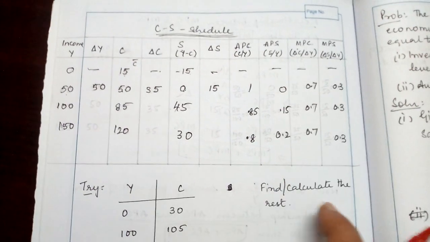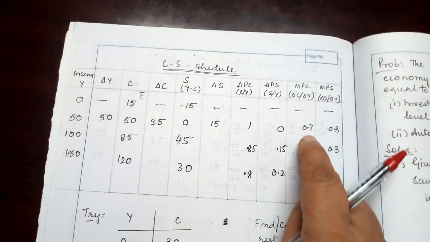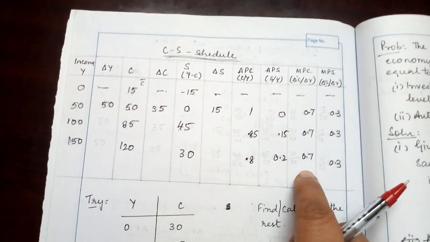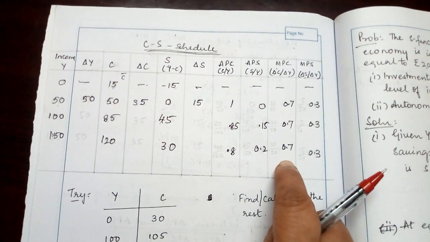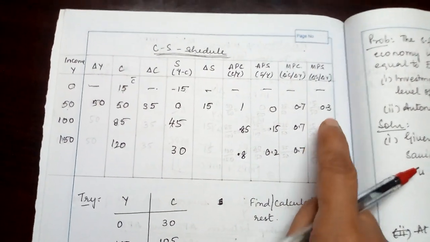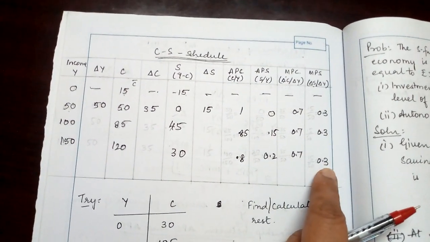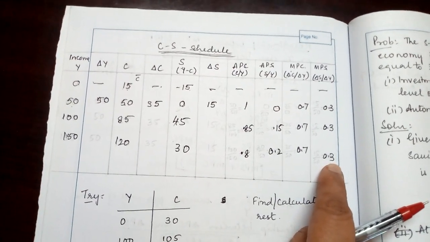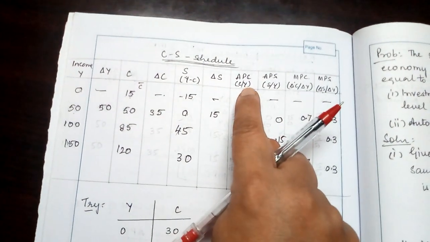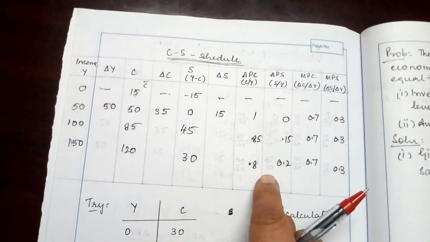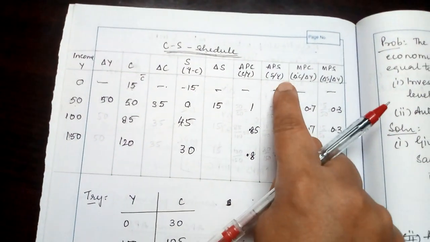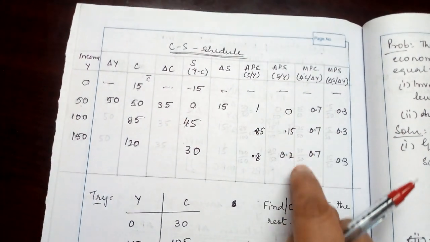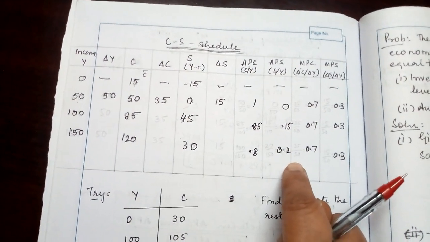So on calculation we find that the marginal propensity to consume remains the same throughout. That is 70% of the income is consumed and 30% of the income is saved. What we need to actually observe here is that the average propensity to consume reduces, whereas average propensity to save increases.